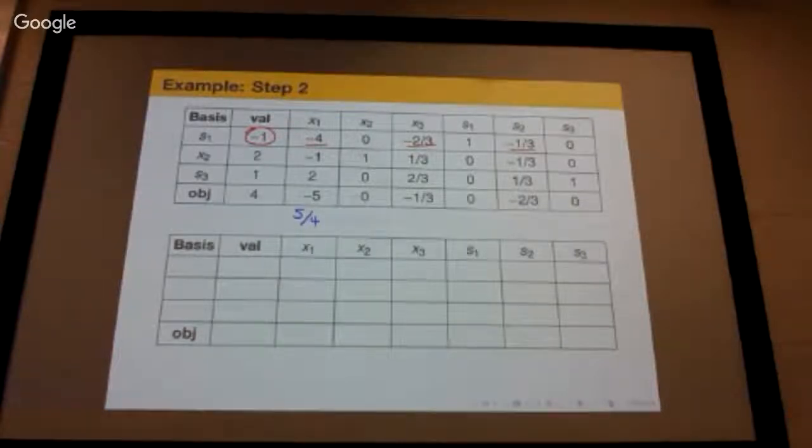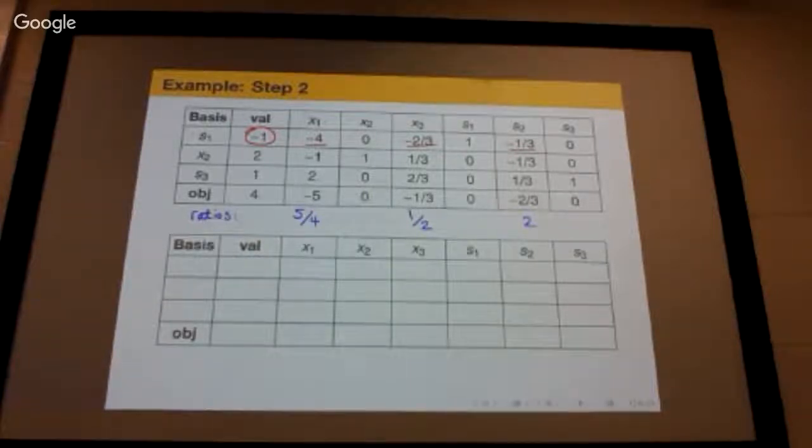This one, X3, has 1/2, and S2 has 2. Is that right?